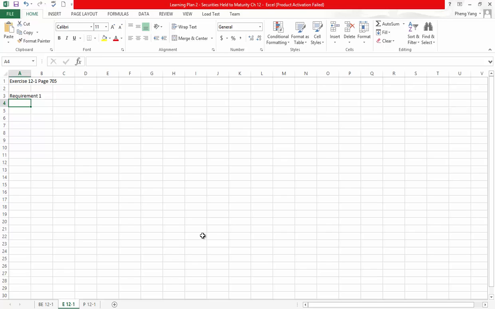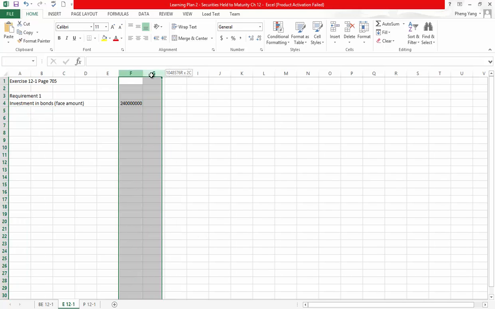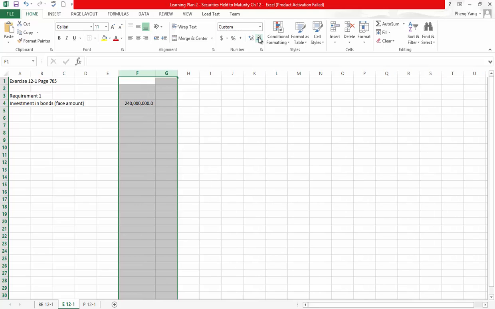We are going to debit investment in bonds, which is the face amount, in the amount of 240 million. Okay, these are going to be pretty big numbers.